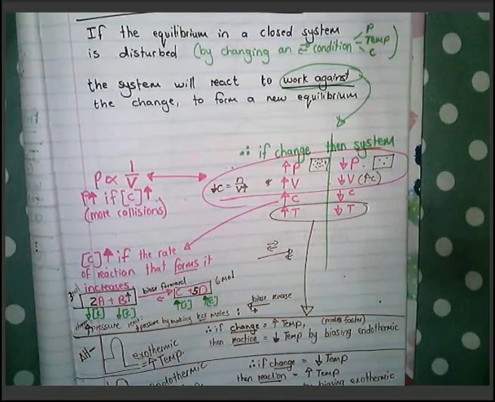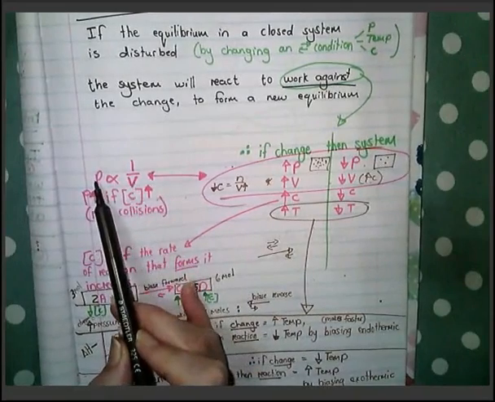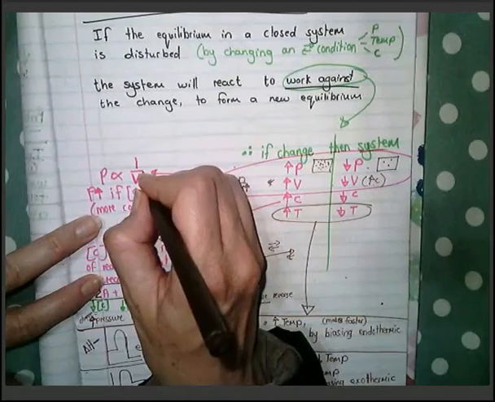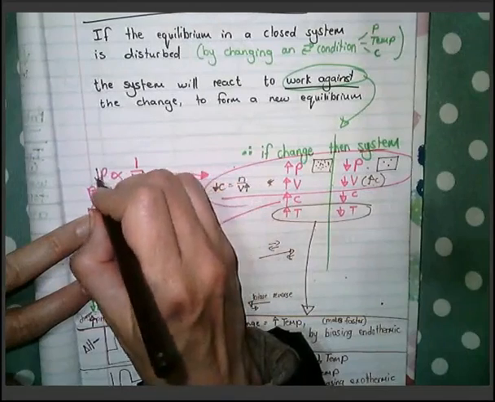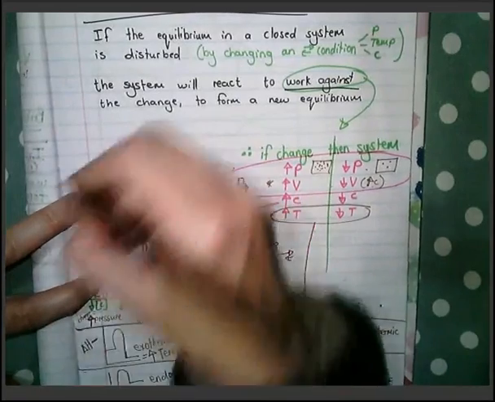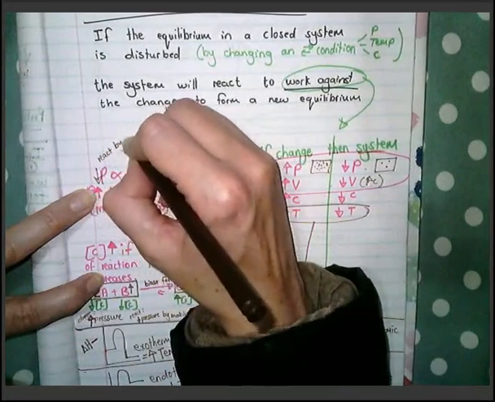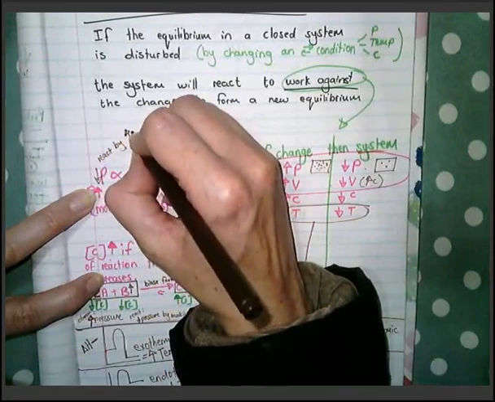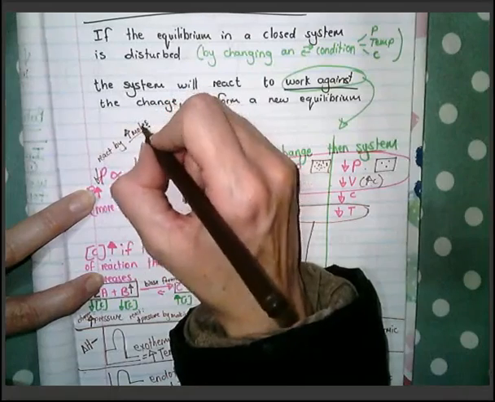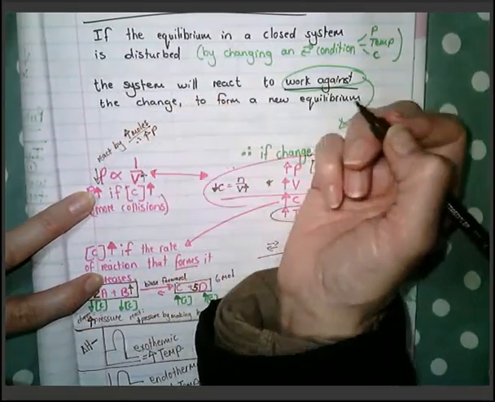Volume is going to be opposite. Volume is inversely proportional to pressure. So if the volume is increased, the pressure is decreased. And if the pressure is decreased, then it's going to react by increasing the moles, because if you have more moles, you're going to have more collisions, which increases pressure.